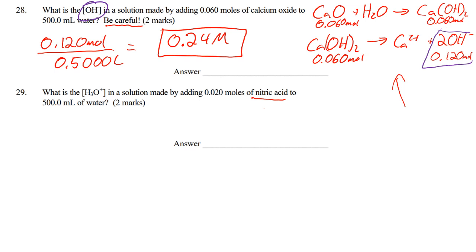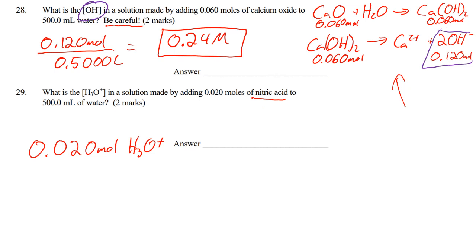And this is what makes working with strong acids a really easy calculation, because it's 100% ionization. So that 0.02 moles of nitric is going to be the same as 0.020 moles of hydronium.